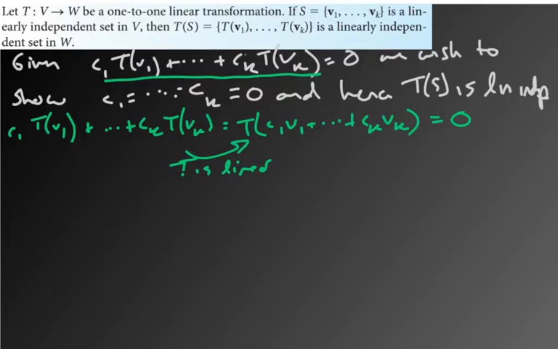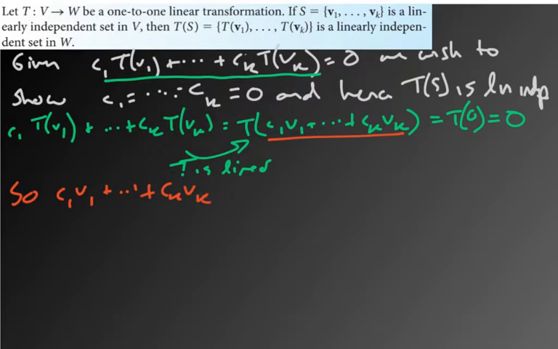Basically I took T of both sides, used the linearity, and so you get 0. And this implies that this vector, c1 v1 plus and so on through ck vk, is in the kernel of T.